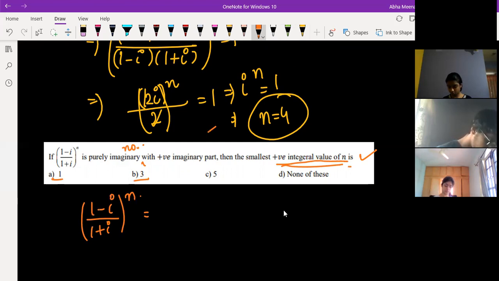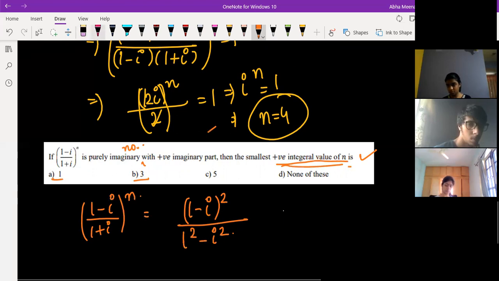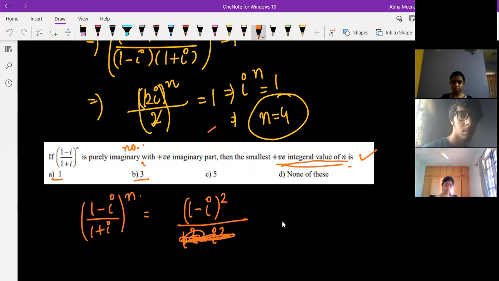Quickly. What is this, (1 minus i) square by 1 square minus i square? The denominator is nothing but 2. This is nothing but minus 2i by 2, to the power n.